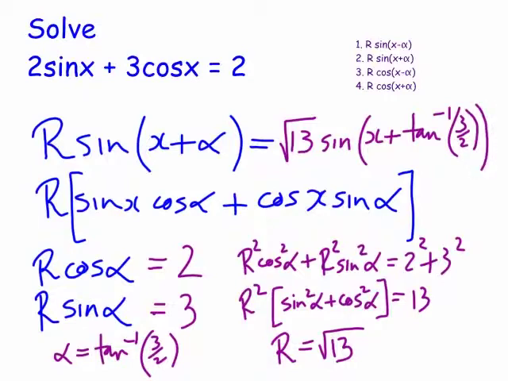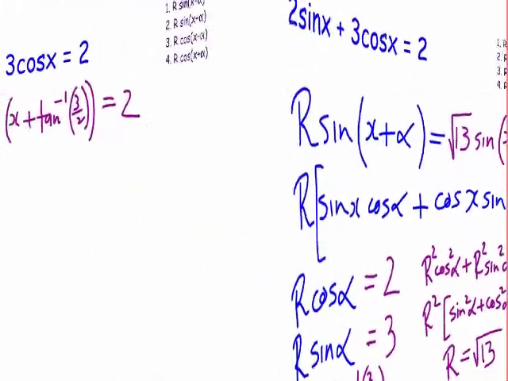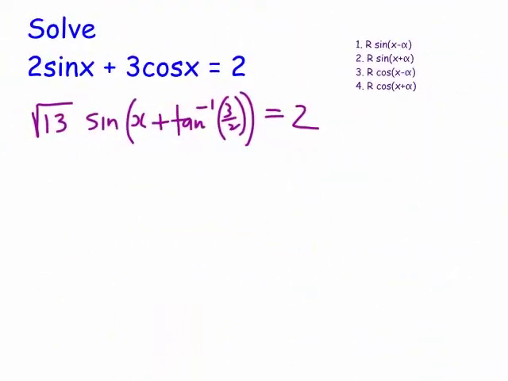So we've now compacted 2 sine x plus 3 cos x into root 13 sine of x plus this angle inverse tan 3 on 2, and that's going to equal 2. So our next step is to rewrite this. We have now rewritten the expression as root 13 sine of x plus inverse tan 3 on 2 equals 2. Now, what do we do from here?